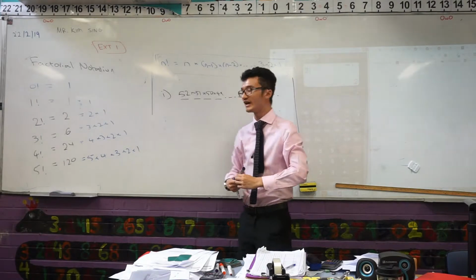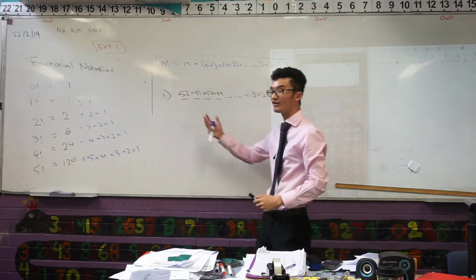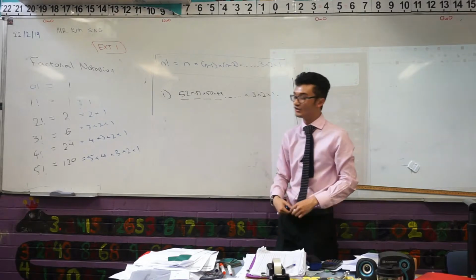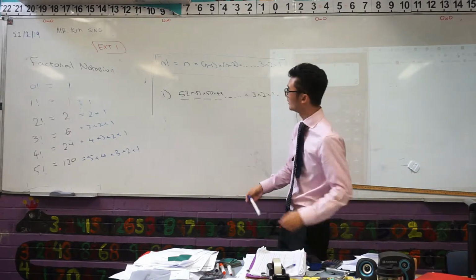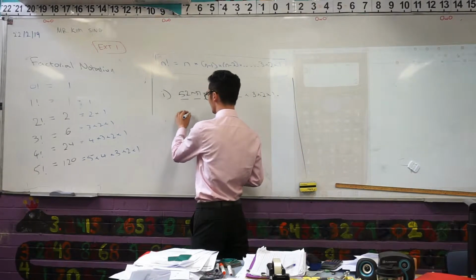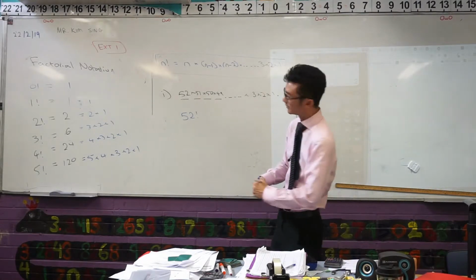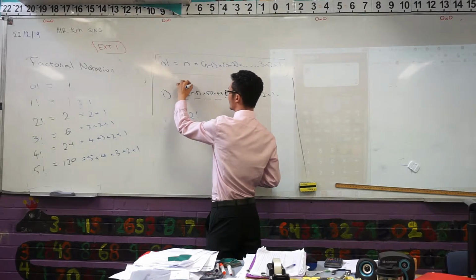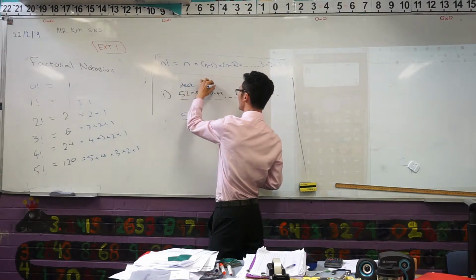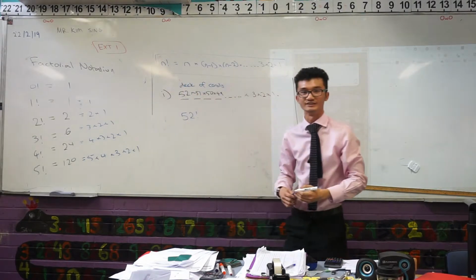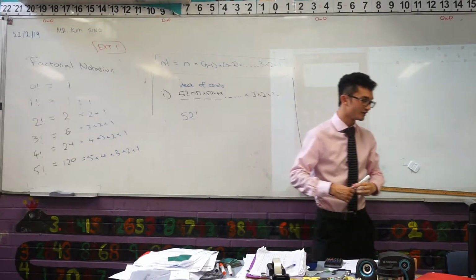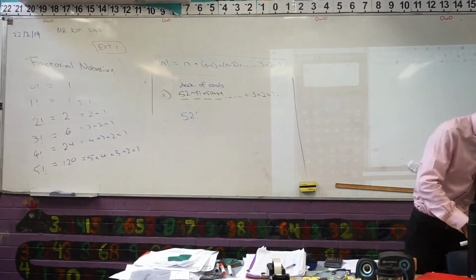You don't have to actually calculate or even write this all out. You can literally put into your calculator 52 factorial, and that would be the number of arrangements of a deck of cards, how many different ways we can deal out all of those cards. 52 factorial, just out of curiosity, what is that?